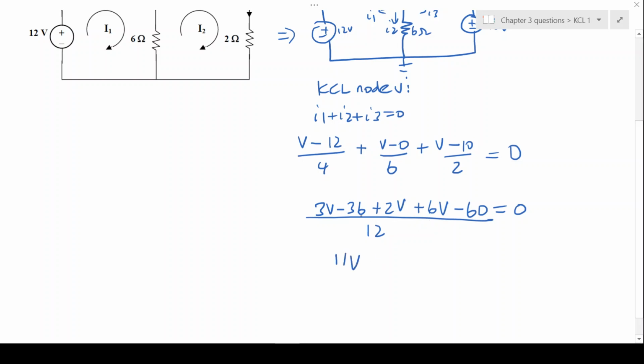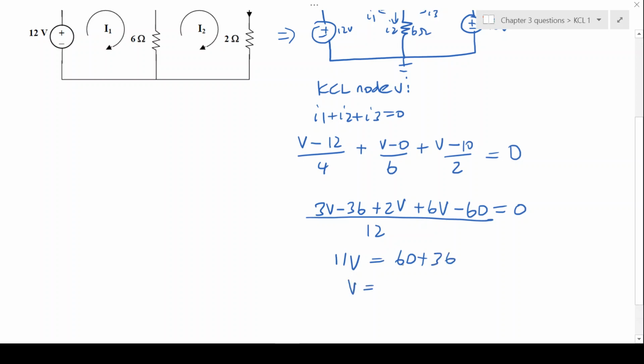In terms of the separate numbers, we're going to have minus 36 minus 60, so this will be 60 plus 36.